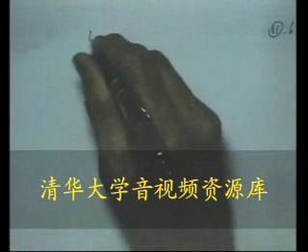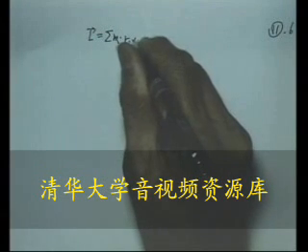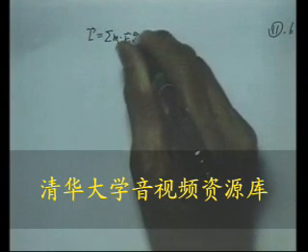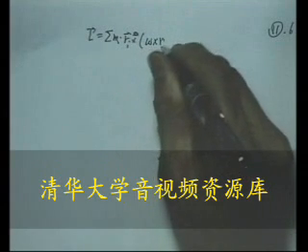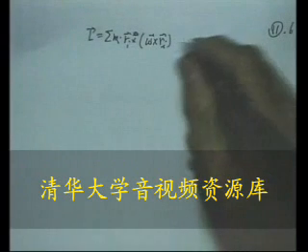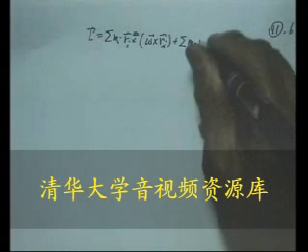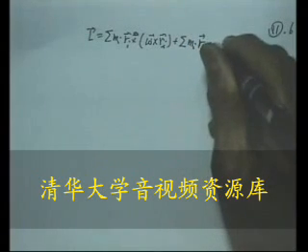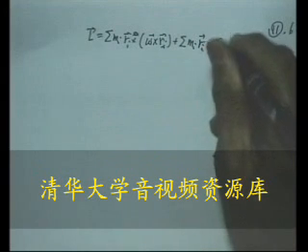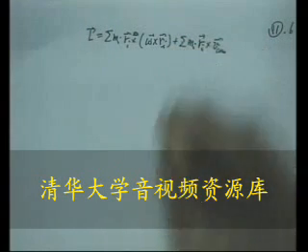So that L then becomes summation mi Ri cross Vi, where Vi is omega cross Ri, plus the summation of mi Ri cross velocity of center of mass. We had a formula which gives the velocity.